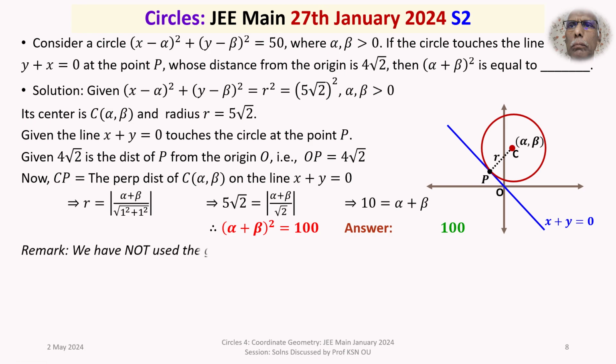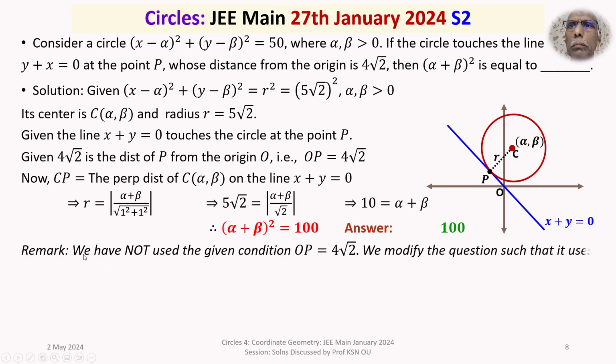Another question. That means we modify the question. Make a remark, we have not used the given condition OP is equal to 4√2. So we modify the question such that it uses all the given data. What is the question?